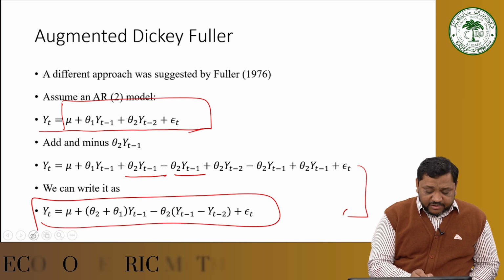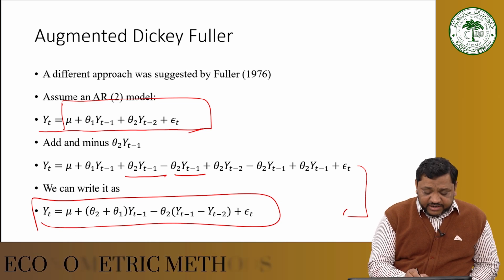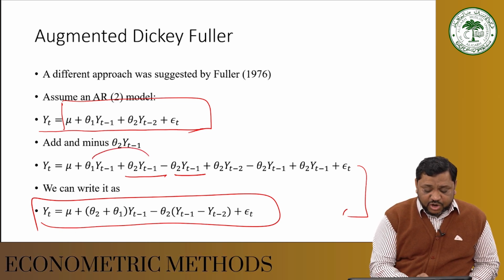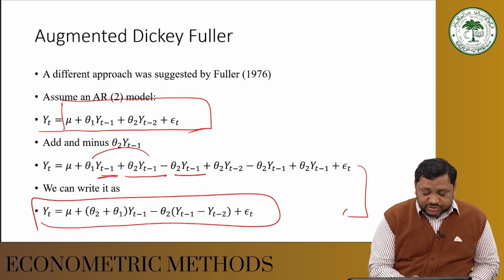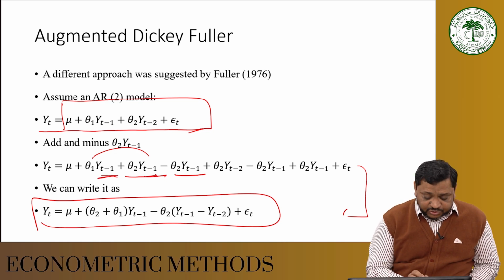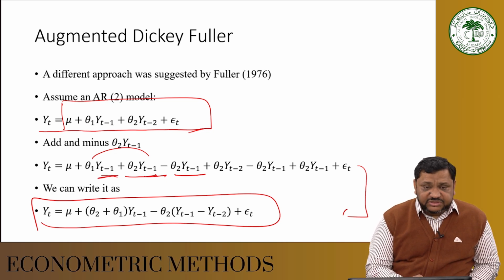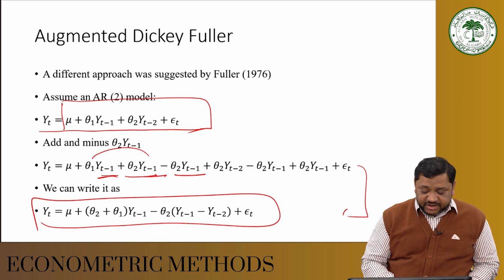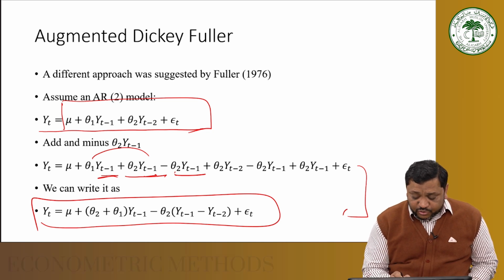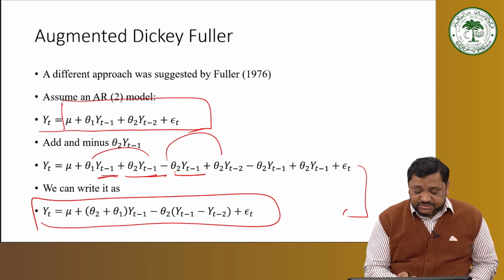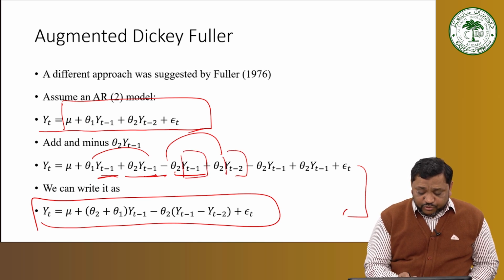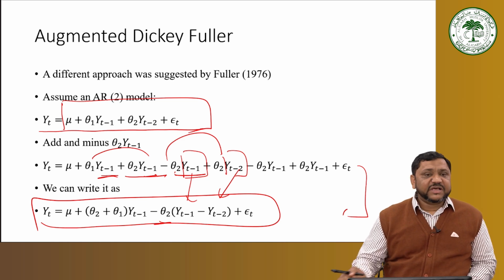We take yt minus 1 as common in the first two terms, so theta 2 plus theta 1 in brackets times yt minus 1. Then theta 2 is common in the other terms, where we have yt minus 1 and yt minus 2, so we write yt minus 1 minus yt minus 2 with theta 2 common, plus epsilon t.